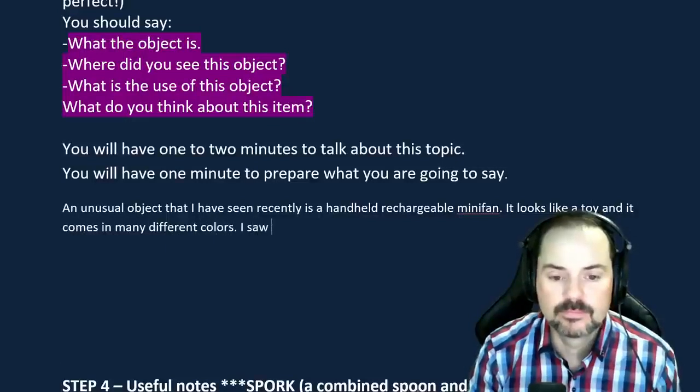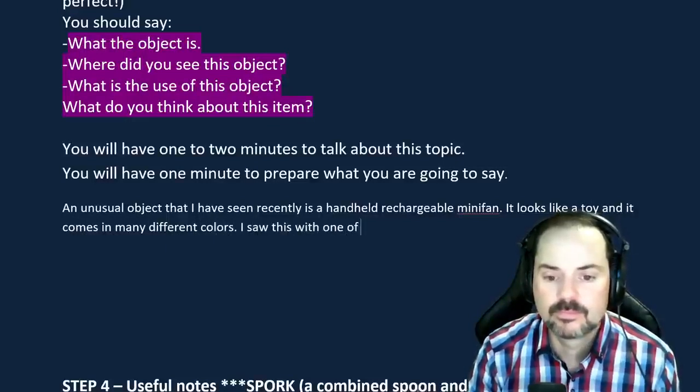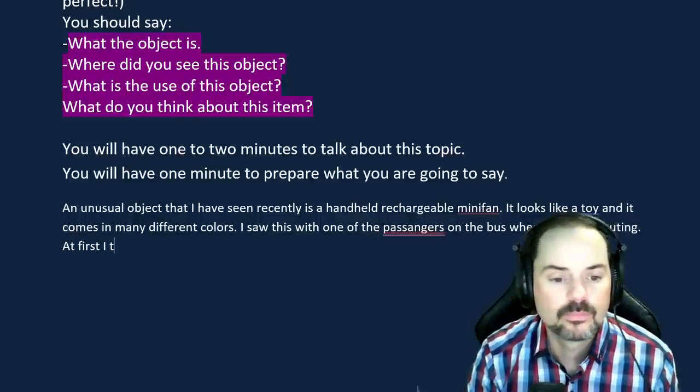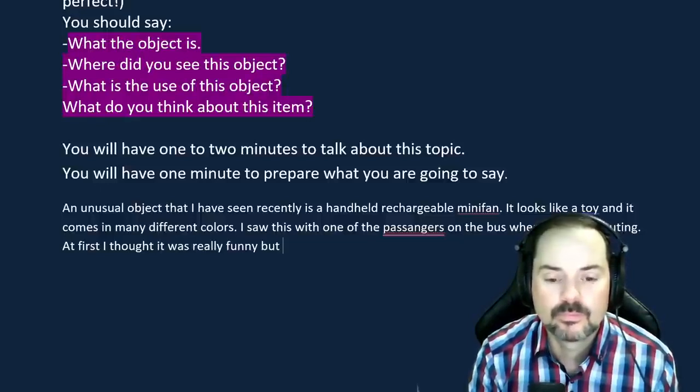At first, I found it really funny, but I think it's a clever idea to have that kind of item because you can have it everywhere you go, anytime you need it to freshen up yourself, especially on hot summer days.